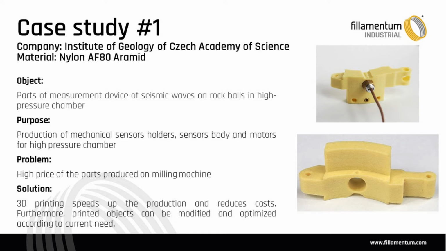The object is part of a measurement device of seismic waves on rock walls in a high pressure chamber, and the purpose was to produce mechanical sensors, holders, sensor bodies, and motors for the high pressure chamber. The problem was the high price of the parts produced on a milling machine, and also the long lead times. So the solution was 3D printing, which speeds up the production and highly reduces the costs.